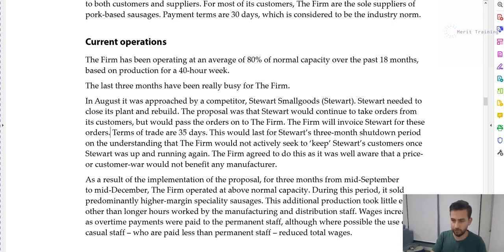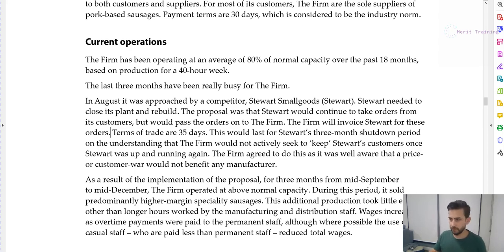The firm will invoice Stewart with 35-day terms of trade. Period of agreement equals 3 months, with the understanding the firm would not poach Stewart's customers after this date.